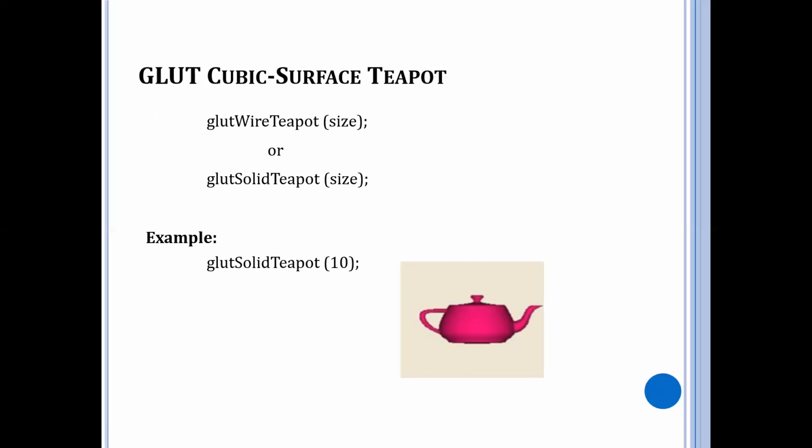If you recall our discussion, we have discussed it during the Bezier curves topic as well as in our lab program. And if you look at the function here, it has only one argument, which is the size. Basically, this parameter size sets the double precision floating point value for the maximum radius of the teapot bowl.